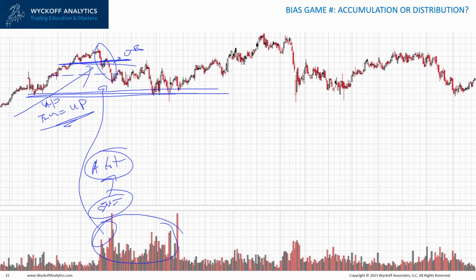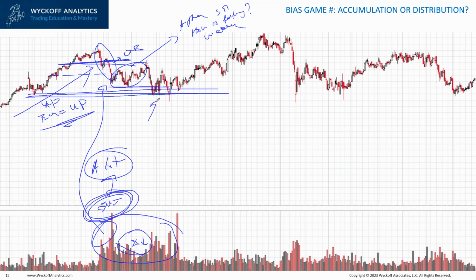Okay, and then how are we rallying after supply has come in? How's the rally? Weak. So this still confirms that something is going on and demand is diminishing. So this is more of the sequence where supply is increasing, demand is decreasing, more bearish.